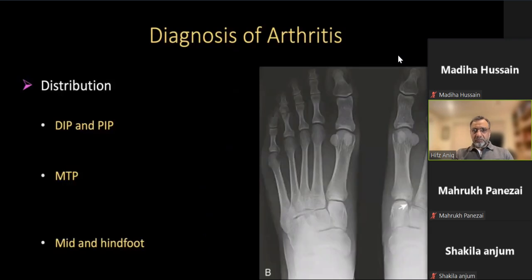So, any question so far? This is a general overview.